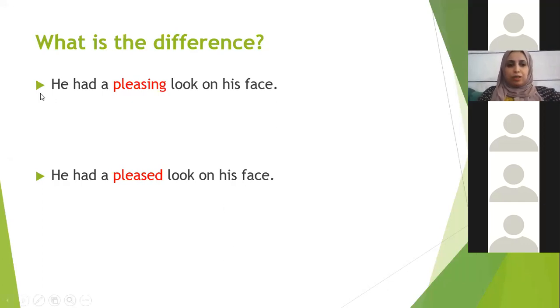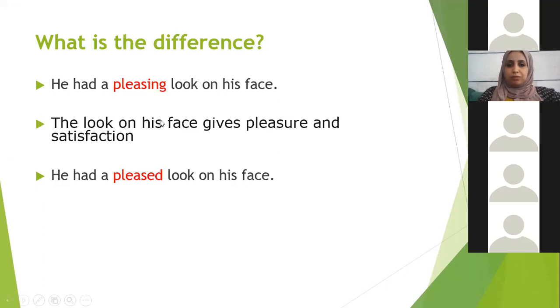Okay, so he had a pleasing look on his face. This means that the look on his face gives you pleasure and satisfaction. So as maybe Celine and Faris said, this is an adjective describing his look. When you look at him, his face gives you pleasure, happiness, or satisfaction.